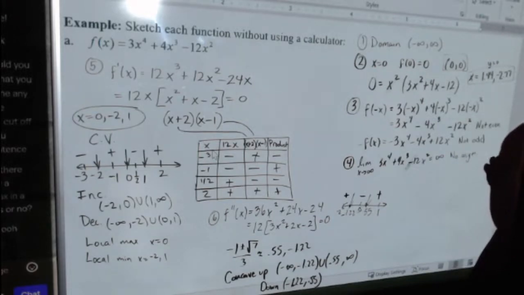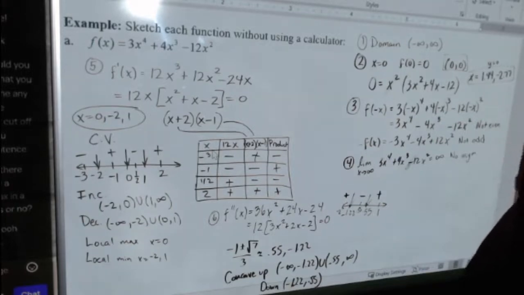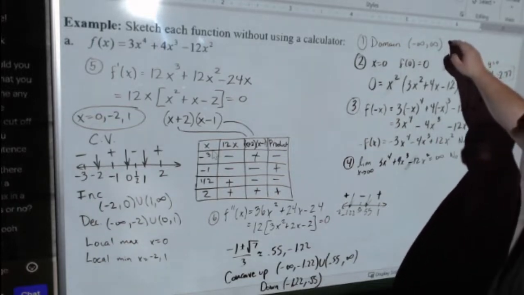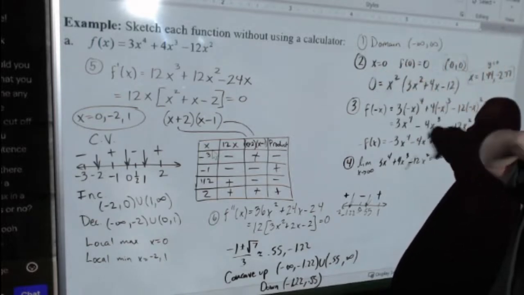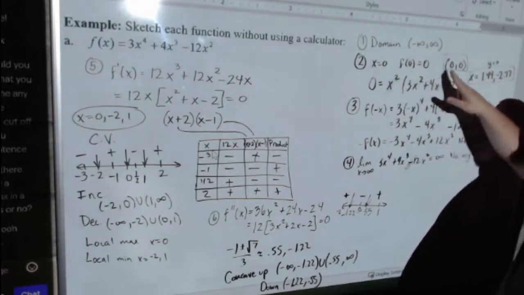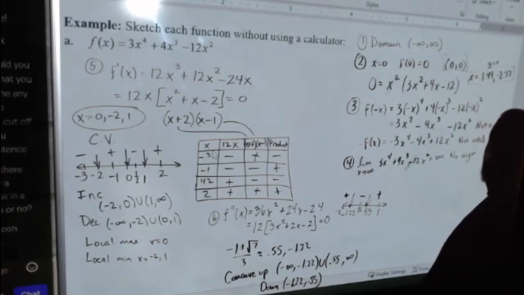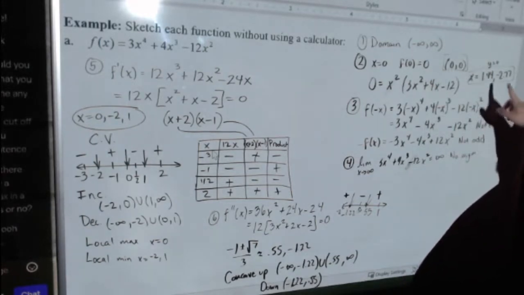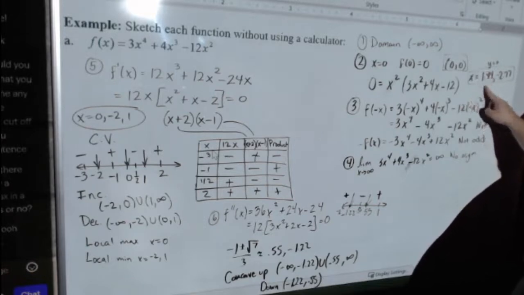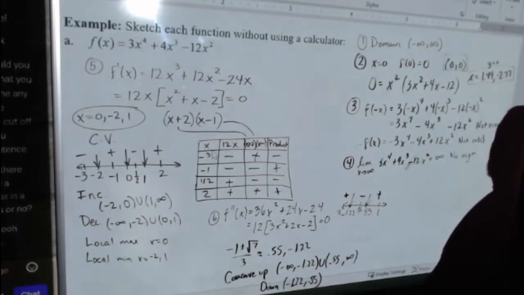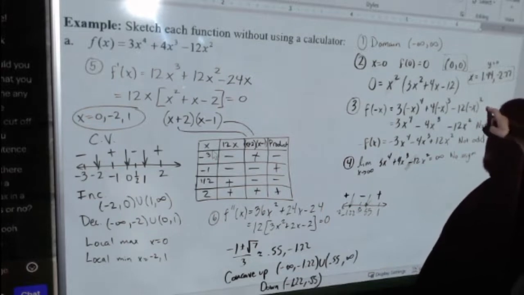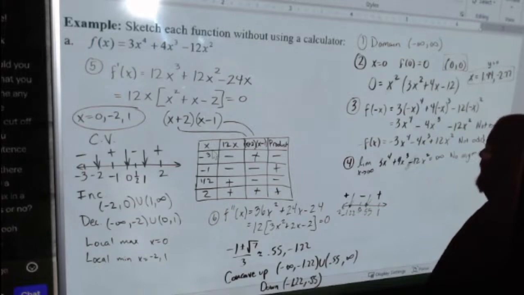So quickly, let's just recap everything we just did, because I know that's a lot. Started with the domain. We then found the intercepts by plugging in x equals 0, and we got the 0, 0, the origin. And then I plugged in y is 0 and solved for x, and got these 2 points. Next step was to figure out if there was any symmetry. Turns out there was none. There are also no asymptotes.